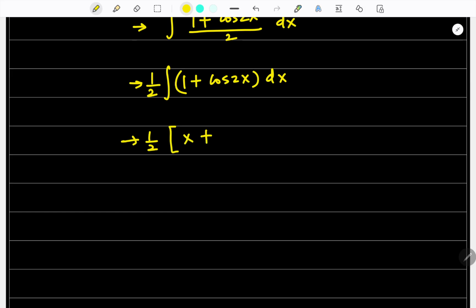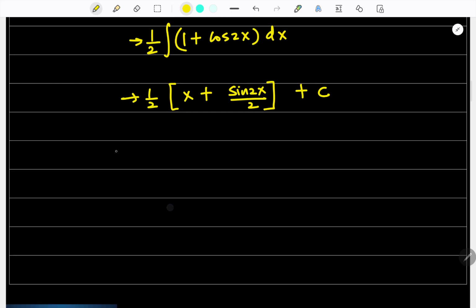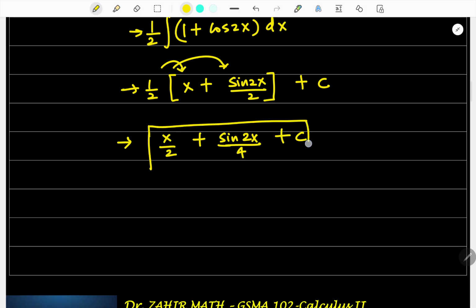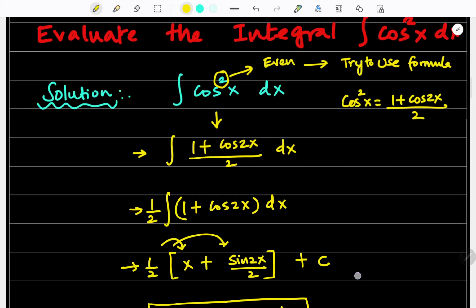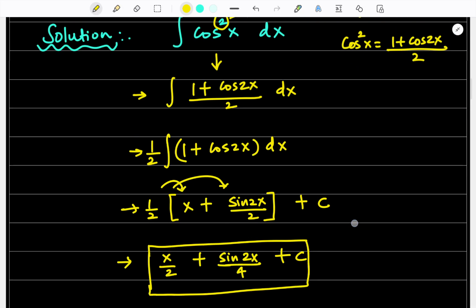What is the integral of cos2x? sin2x divided by 2, plus the integrating constant c. Let me take this half inside. So it is x by 2 plus sin2x divided by 4, plus c. This is going to become your answer. Clear everybody? It's very easy because it's an even power and only one term is there.